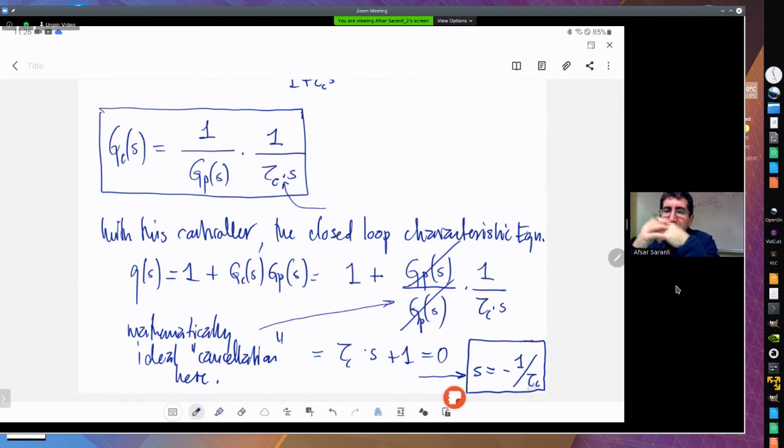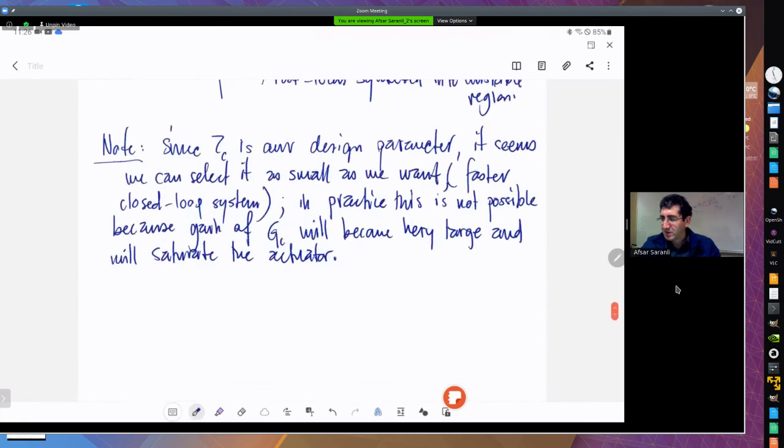So the system will become nonlinear and it's not going to work. This is the same as selecting closed loop poles that are very far away from the j omega axis. Okay? You know that the farther away from the j omega axis, the faster the system and the more stable it is. But in practice, this would need a very large gain for the controller, and that's going to eventually saturate the actuator. Okay.